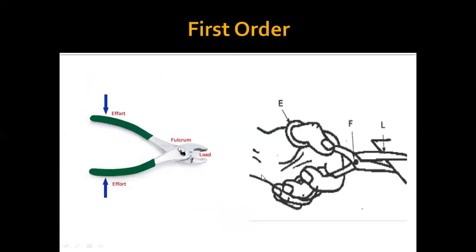These are examples of the first order lever. Here this is the fulcrum, here will be the load and this is the effort. This is another example of the first order lever. This is the fulcrum, this is the load and here would be the effort.